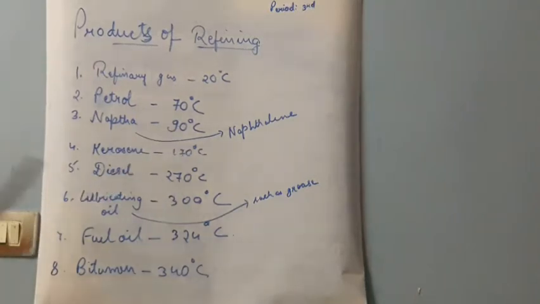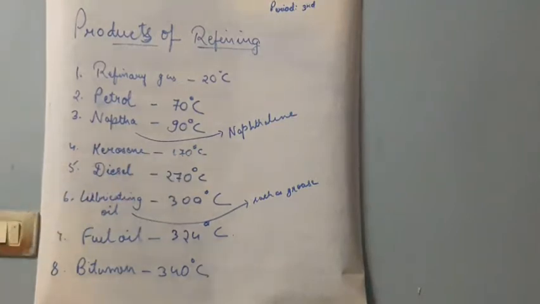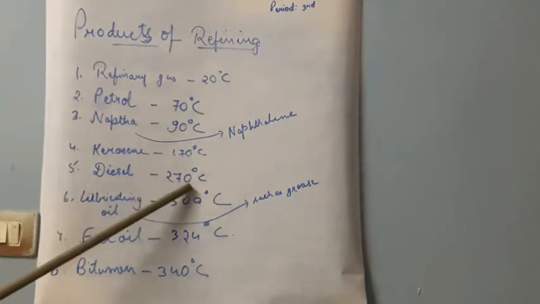Then kerosene. We all know what kerosene is; it is used as a cooking fuel. It is at 170 degrees centigrade. Then diesel forms vapors at 270 degrees centigrade.